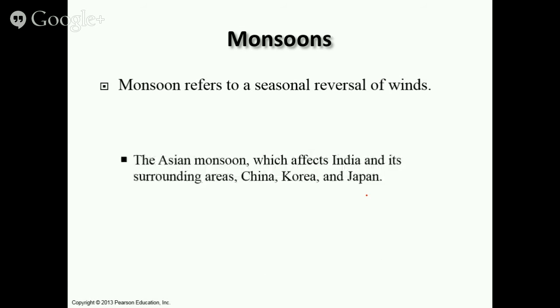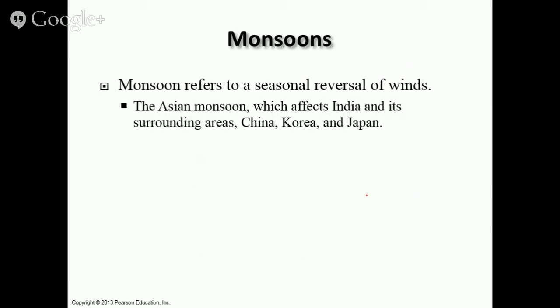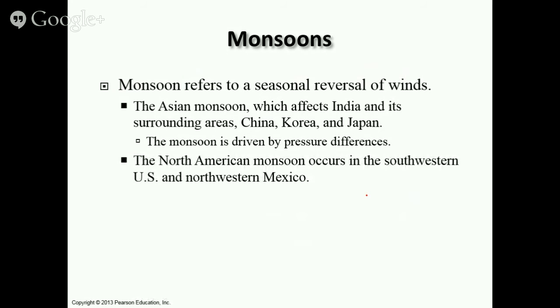So on to monsoons, we mentioned these before. The Asian monsoon we just looked at is an effect where we have the areas China, Korea, Japan, and others in Asia, which we mentioned on the last map, and that's driven by pressure differences, which we saw on the map. We do have an American monsoon, North America, and that affects Mexico. California gets hit by this.